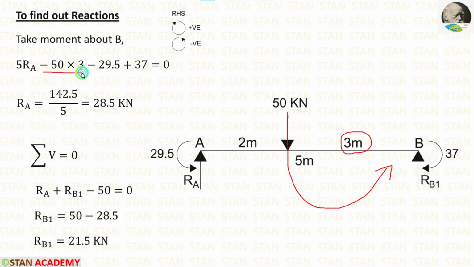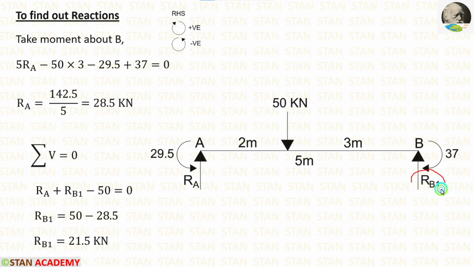So minus 50 into 3. Then there are two moments. The moment 29.5 is acting in the anticlockwise direction, so it will be negative. The moment 37 is acting in the clockwise direction, so it will be positive. After the calculations, we are getting RA is equal to 28.5 kN.